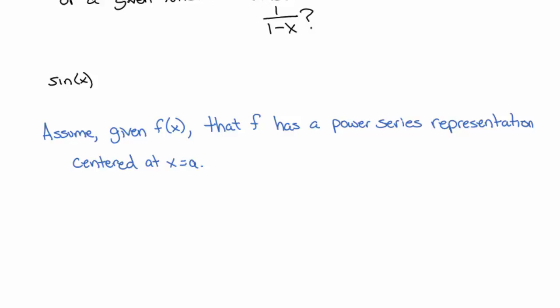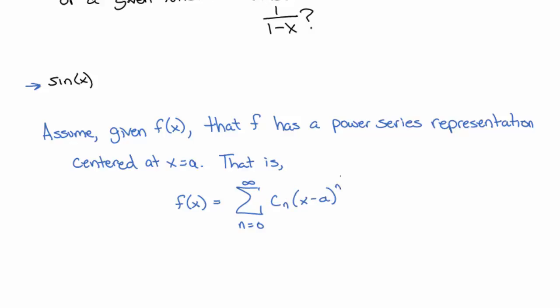For example, with that sine of x, we start with the assumption that there exists a power series representation for that function centered at a. That is, f of x is equal to the summation n equals 0 to infinity, c sub n times x minus a raised to the nth power.